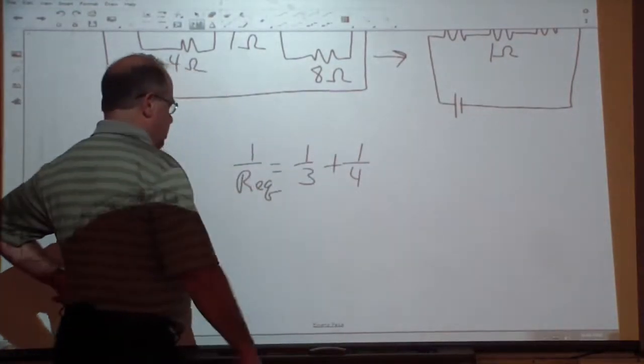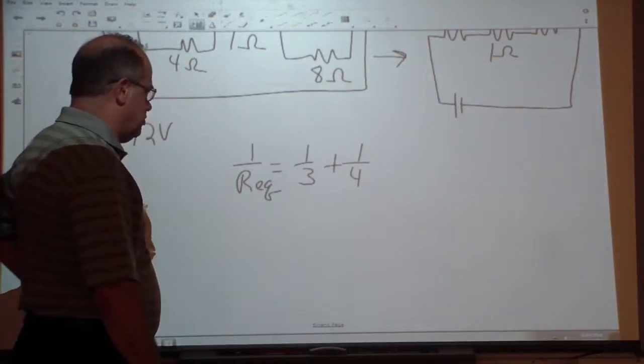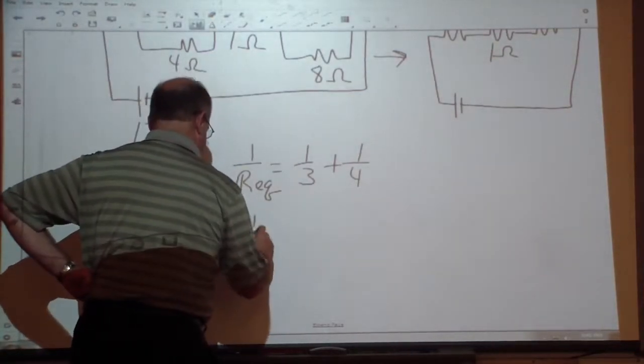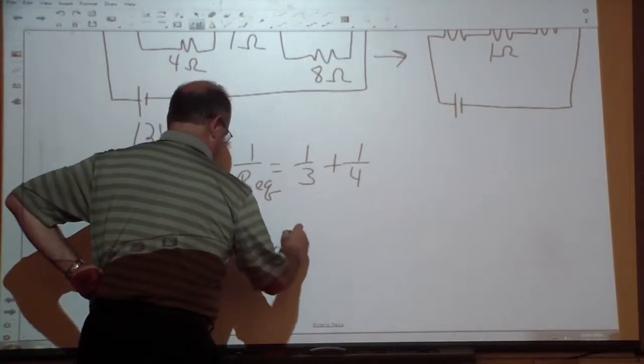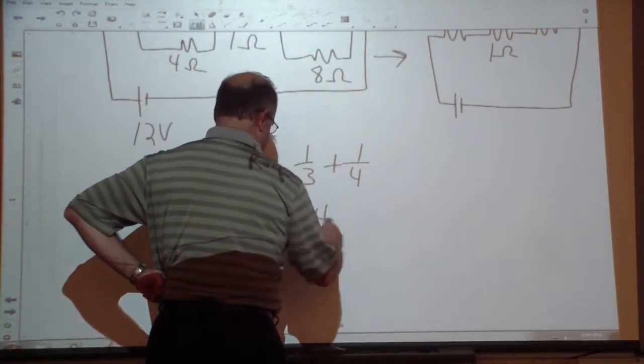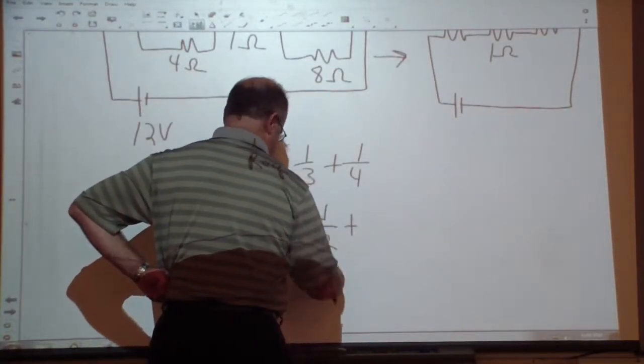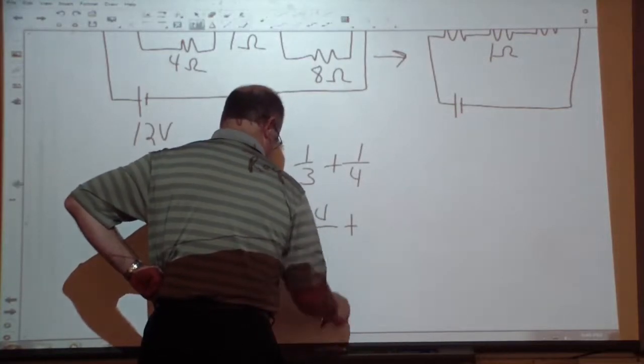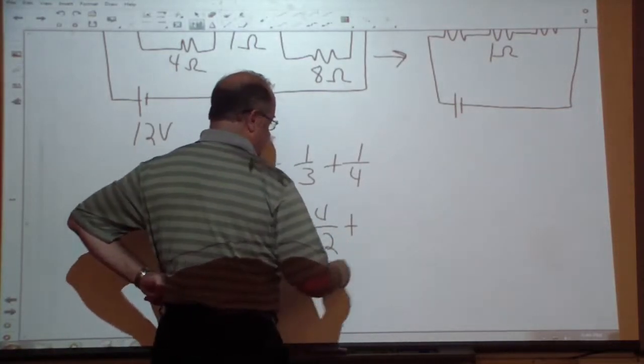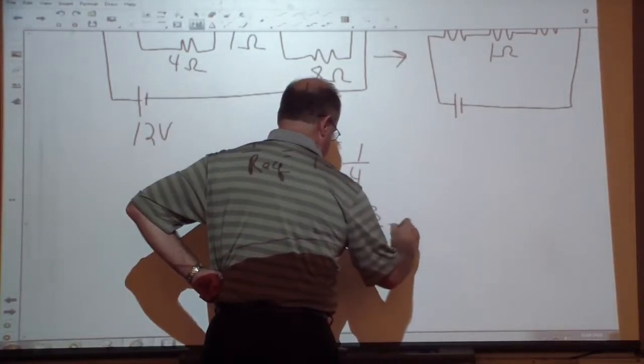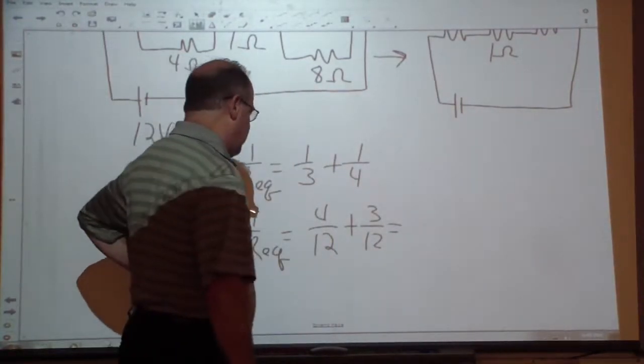All right, common denominator is obviously going to be 12. Let's see, 4 over 12, that's, sheesh, I cannot write. And 3 over 12. Add them together, you get 7 over 12, then flip them.